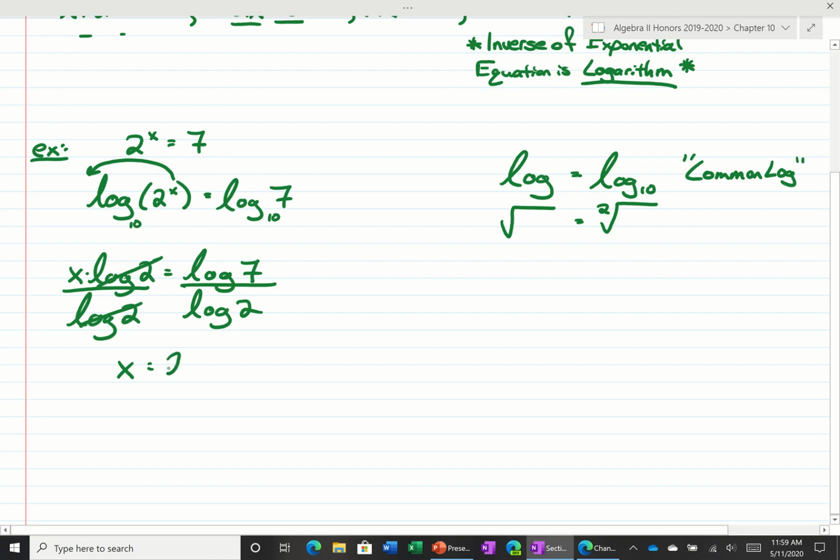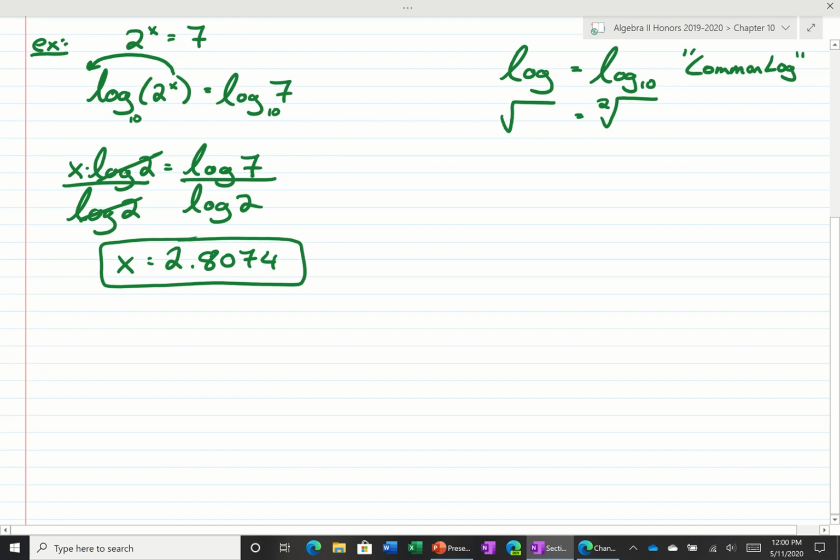We always round logs to 4 decimal places. And that would be the answer. We actually round right here. This is called the 10,000ths place. Goes tenths, hundredths, thousandths, 10,000ths.